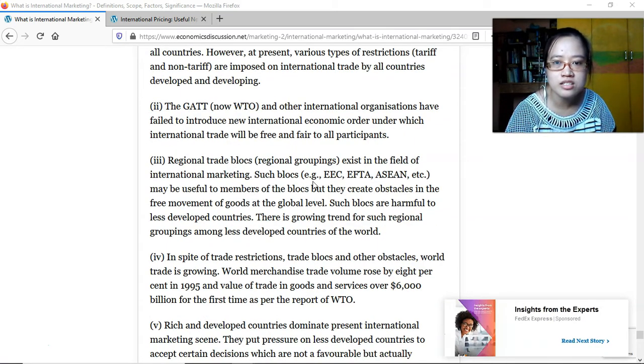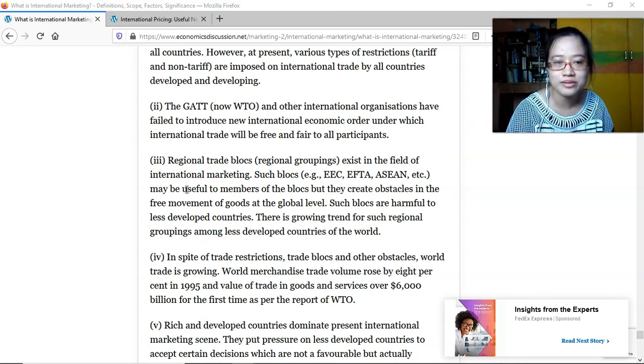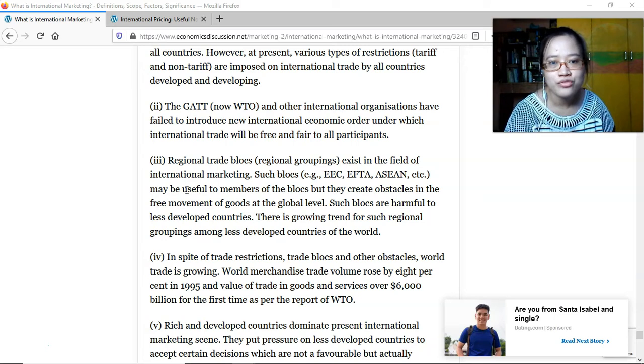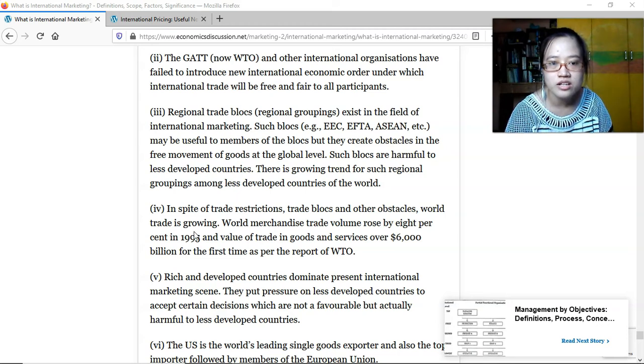Regional trade blocks, I think it's much easier to just let the law of supply and demand work in the market. Regional trade blocks, okay, we have those in existence. In spite of trade restrictions, trade blocks, and other obstacles, world trade is growing.